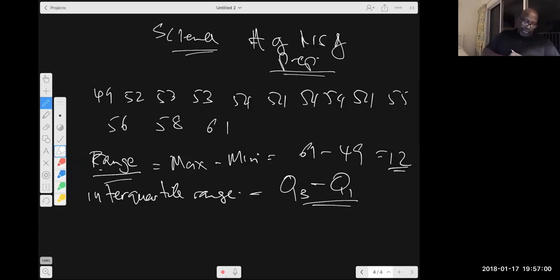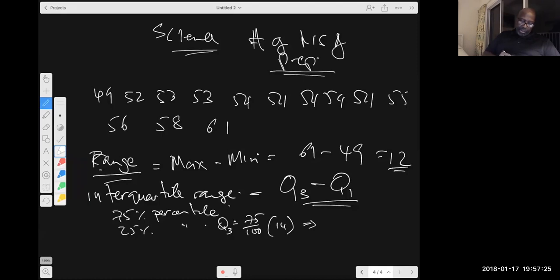So we have to find the 75th percentile for the third quartile and the 25th percentile for the first. We take our 13 values and go 75 over 100 times 14 to get the location of the third quartile, Q3. And then for Q1, we take 25 over 100 times 14. The reason we use 14 is that 13 plus 1 equals 14.